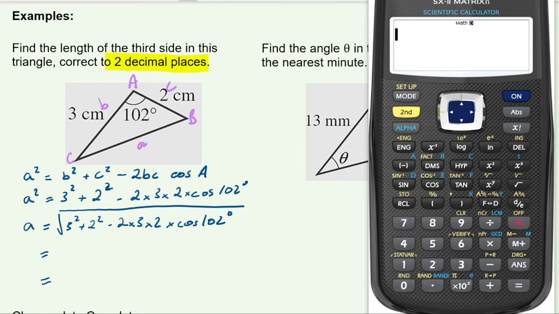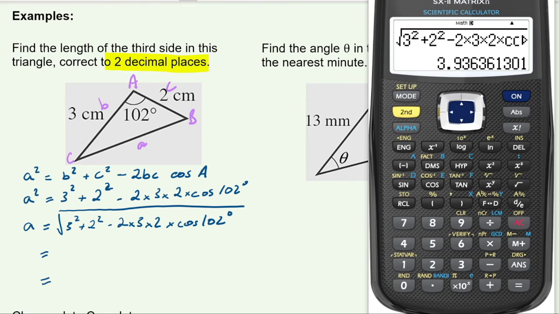Find my square root sign. 3 squared, find my x squared there. Plus 2 squared. Minus 2 times 3 times 2 times cos of 102 degrees.